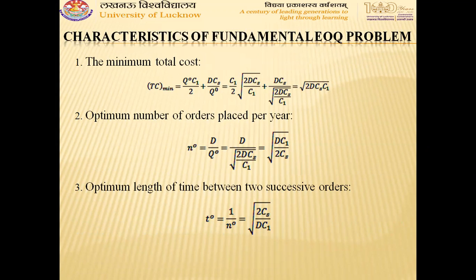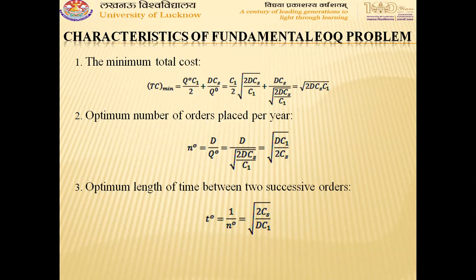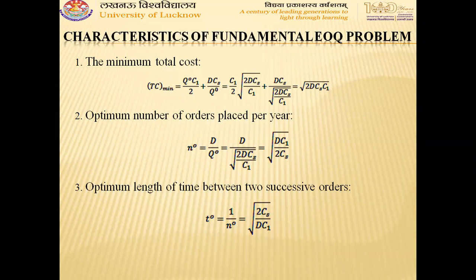Further, some characteristics can be obtained for the problem. The first characteristic is the minimum total cost. In the total cost, we replace Q by Q naught and put its value, that is root of 2 D CS upon C1, and solve it. Then it is obtained that the minimum total cost is root of 2 D CS into C1.